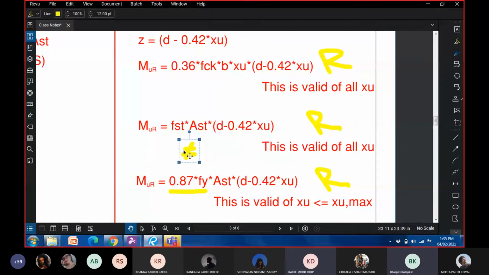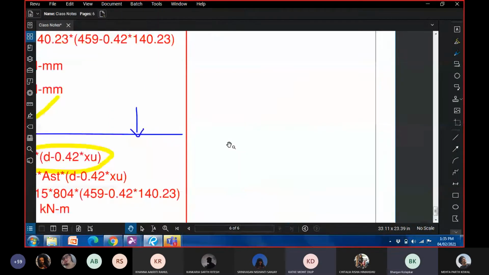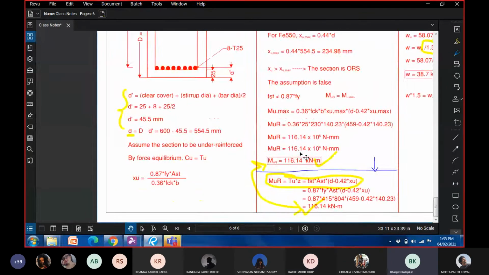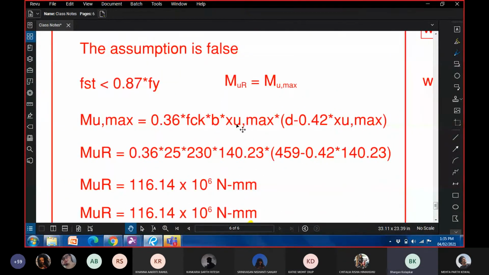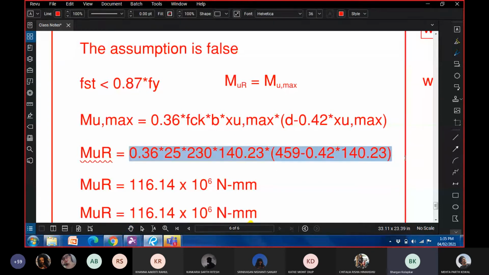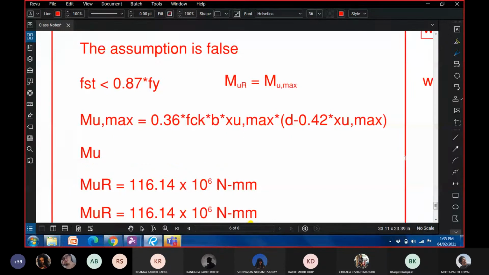So our MU here is equal to MU max, that is when we replace XU by XU max. All the other terms remain the same. I'll write it down again. MU max is equal to 0.36 into FCK into B into XU max.